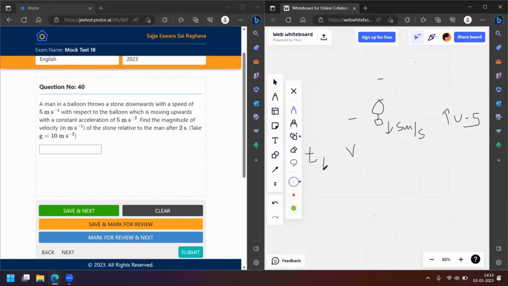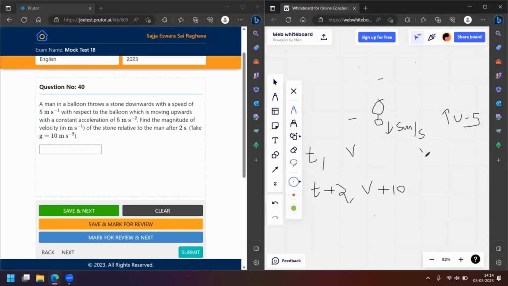So if you assume v as the velocity of the balloon at time t, after 2 seconds the velocity of the balloon will become v plus 10, since it is moving with constant acceleration upwards.